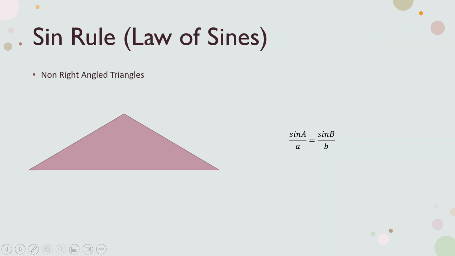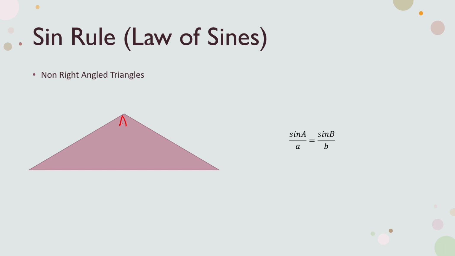This next one might be a little less familiar to you. It's called sine rule or the law of sines. And these trigonometry rules are really good for when we have a non-right angled triangle. And in physics, a lot of the time, that's what we're working with. Effectively, you can label a triangle by its angles and its sides.